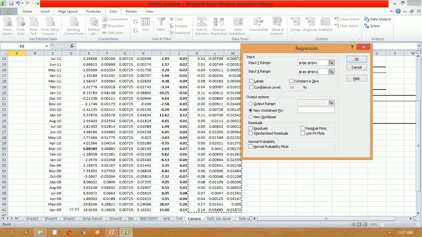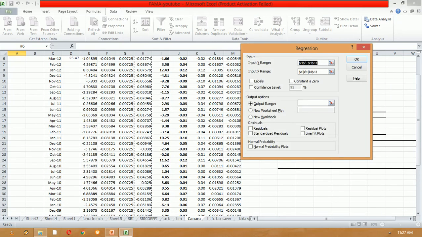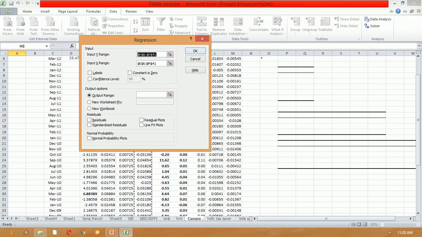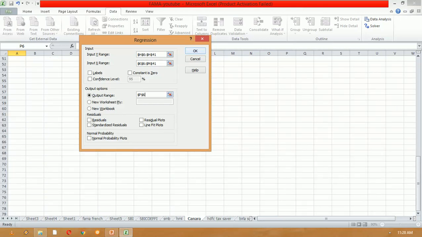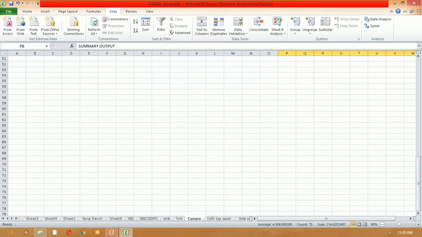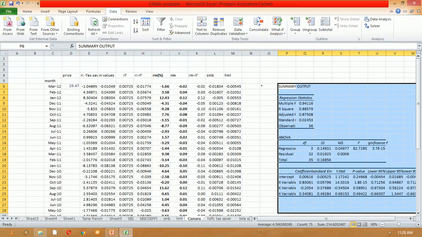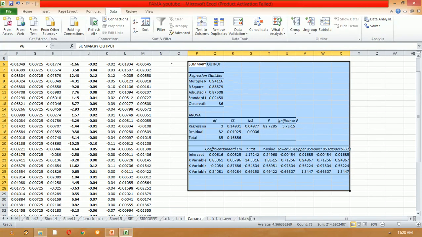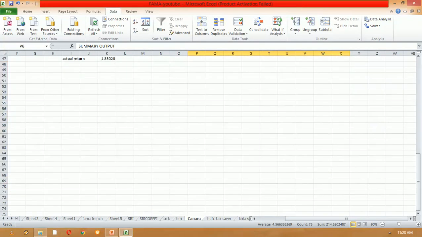For the output range you can keep the output in the same sheet, a new worksheet or a new workbook. Now I place this in the same sheet here. Choose the labels option and click OK. See, automatically the summary output is inserted here. This is the regression result.